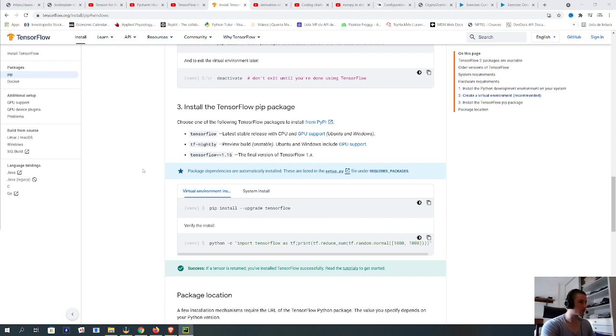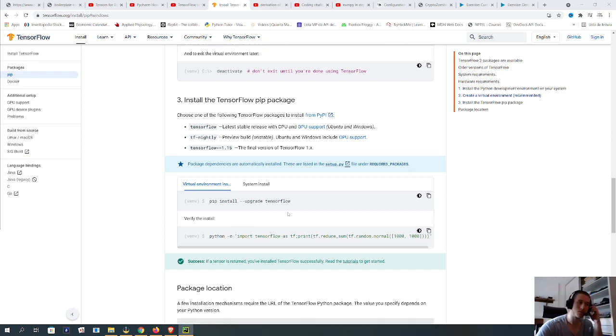Pip install upgrades. Yeah, it's saying the same thing: could not find a version that satisfies the requirement TensorFlow. Versions: none. No matching distribution found for TensorFlow.